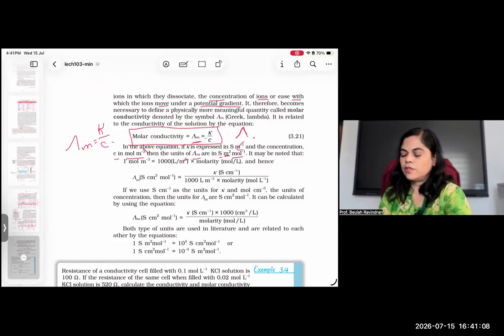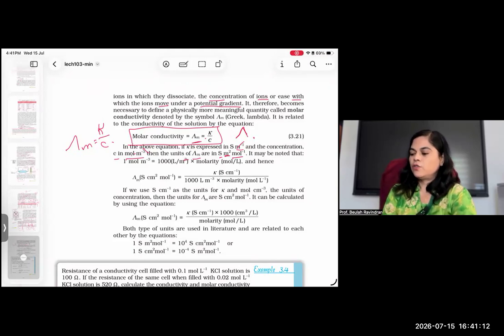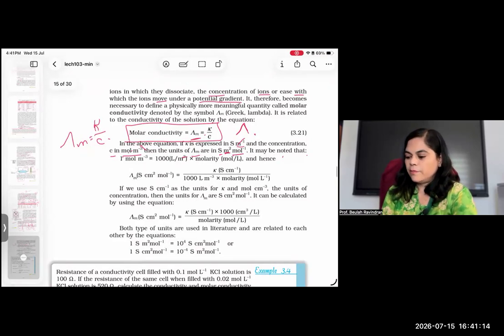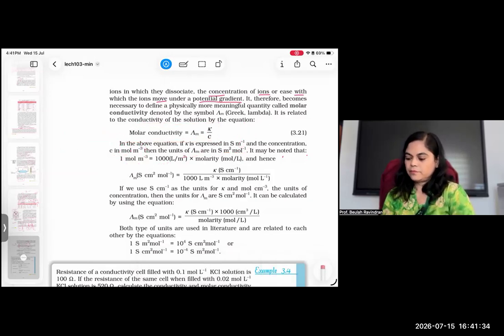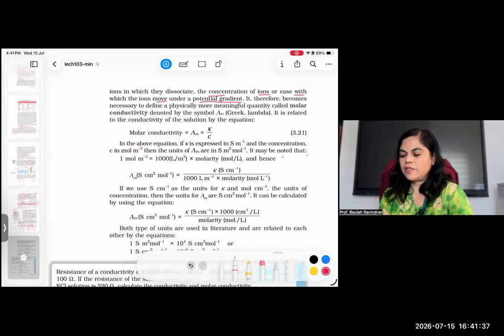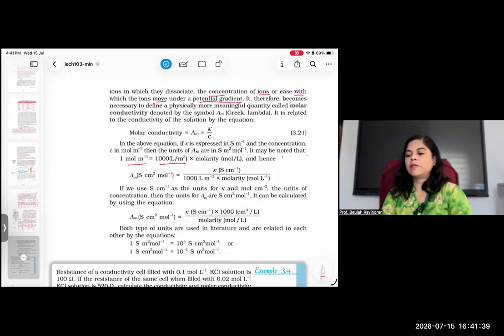If you bring the mole to the numerator, it will be mole inverse. So it may be noted that the unit is Siemens meter square mole inverse. 1 mole per meter cube will be 1000 liter per meter cube.